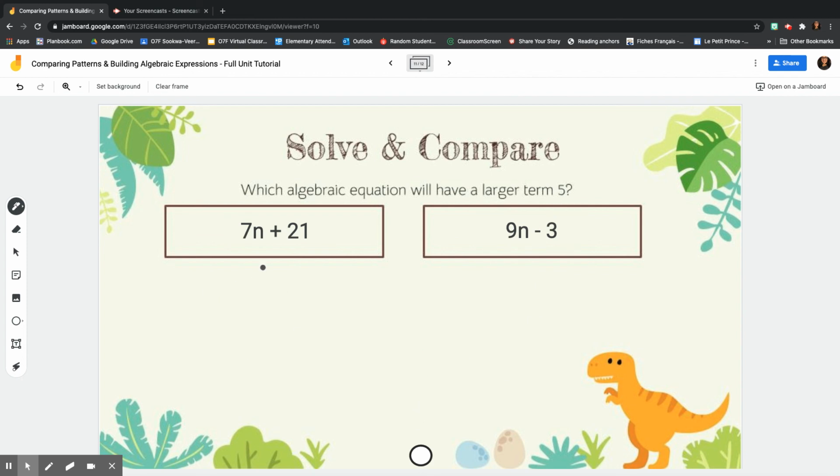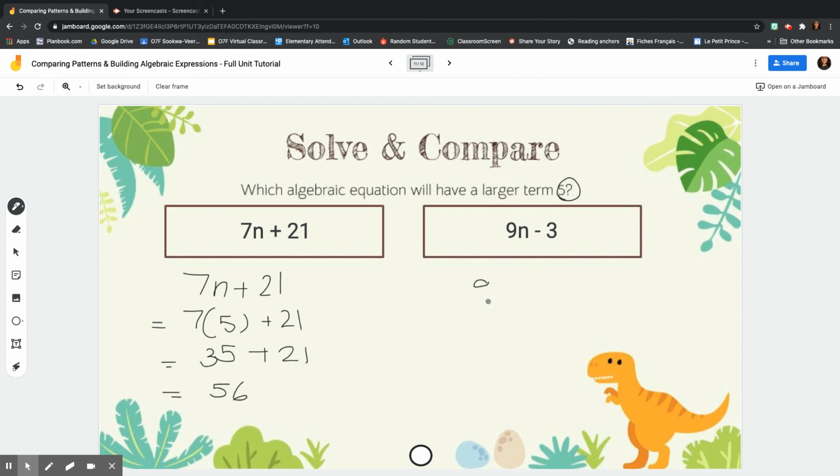Okay, the next slide, again, solve and compare. And again, we're looking for term 5. So you always start by writing the full thing, 7n plus 21. So 7 times 5 plus 21 equals 35 plus 21 equals 56.